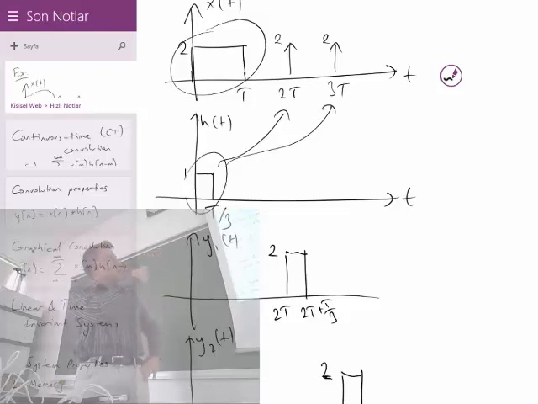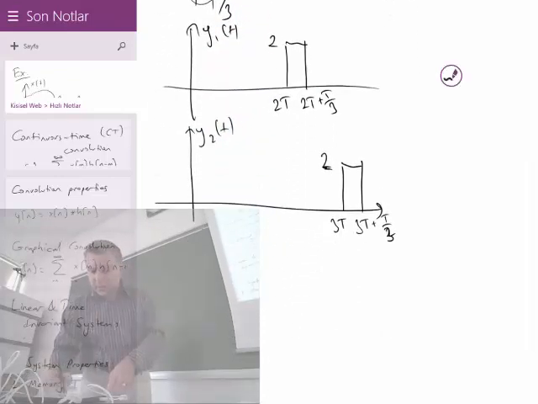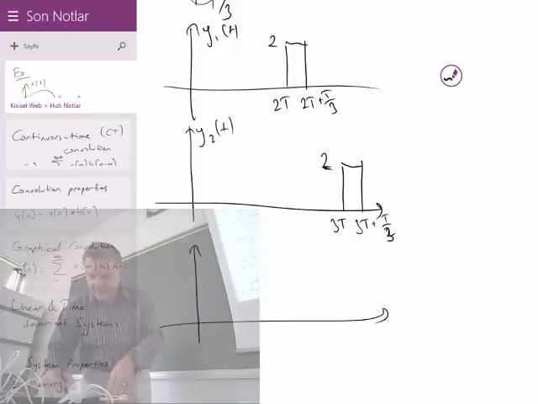And over there, what will be the peak value? Well, the shape will be a rectangle with a peak value of 2. So what is the area under that? The area is 2 times t over 3. I argue that the shape is something like this.